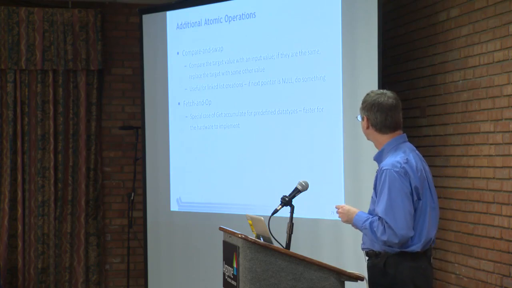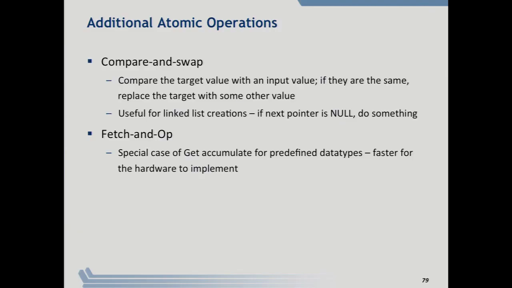Okay. I mentioned the compare and swap and the fetch and op. Fetch and op in particular was set up after long discussions with people who were designing hardware, so that we hope that fetch and op will in fact be implemented in the network hardware. There's no reason why not.